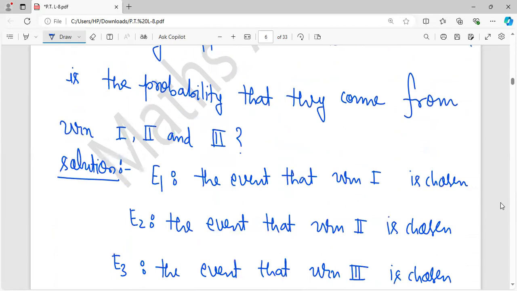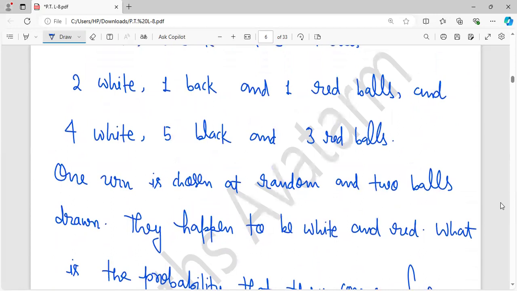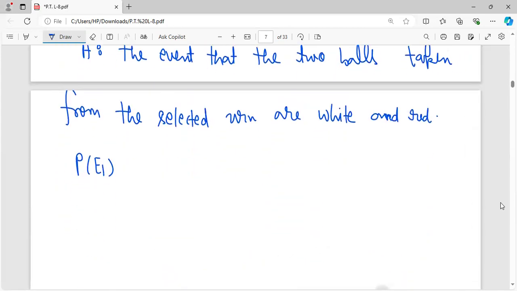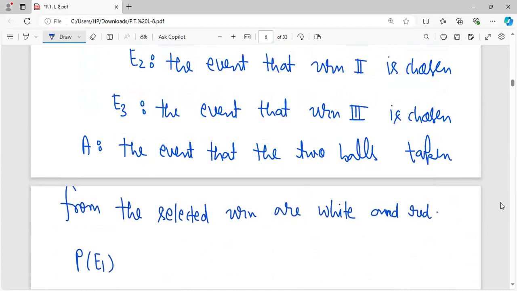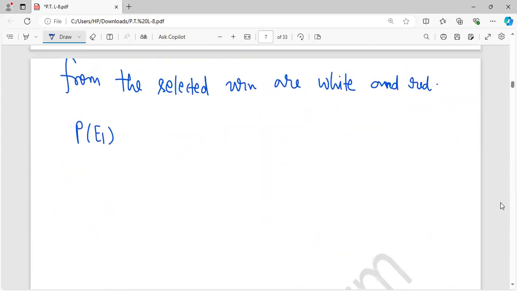So what is the probability of two balls selected from E1?